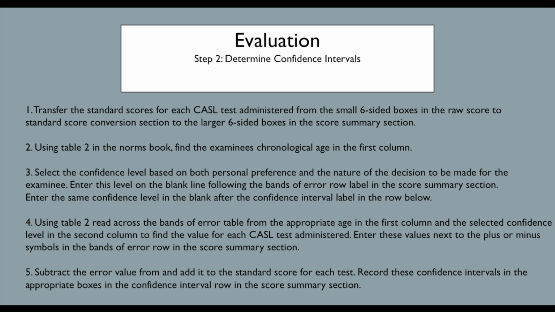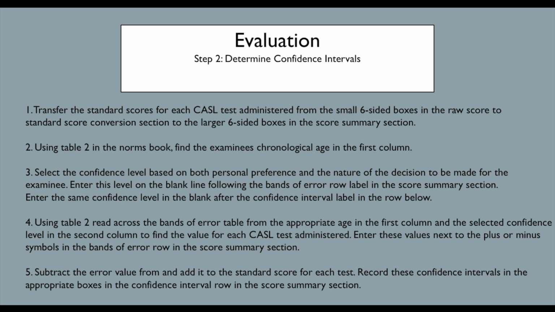Step 2, determine confidence intervals. Number 1, transfer the standard scores for each CASL test administered from the small 6-sided boxes in the raw score to standard score conversion section to the larger 6-sided boxes in the score summary section. Number 2, using Table 2 in the norms book, find the examinee's chronological age in the first column.